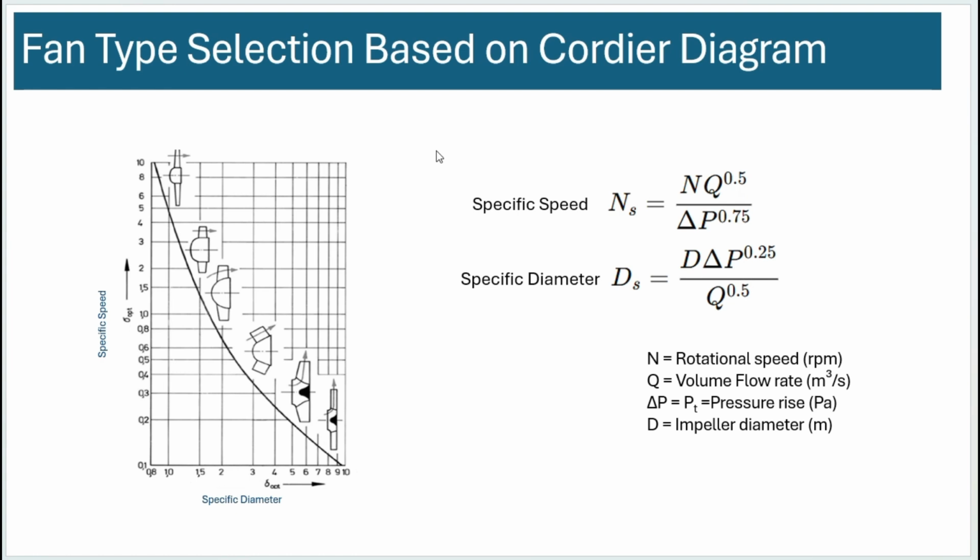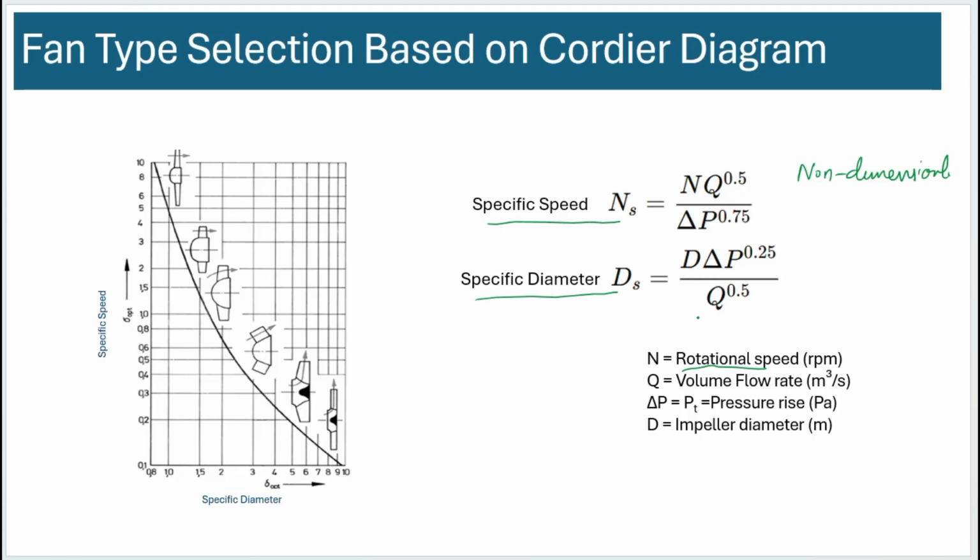We don't have to go deeper into this, but there are two parameters called specific speed and specific diameter, which are non-dimensional numbers that you can calculate based on your specific requirements. Here, n is the rotational speed.